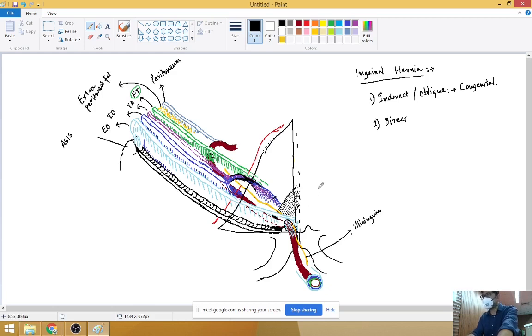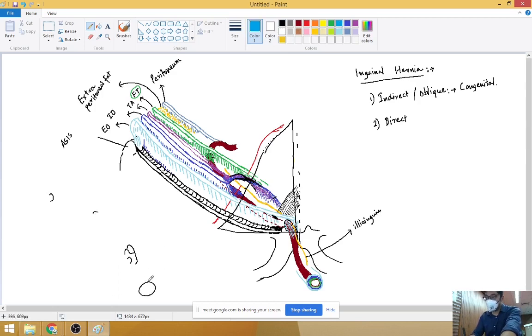I'll just draw here. This is the superficial inguinal ring, this is the deep inguinal ring, and suppose this is the testis over here.